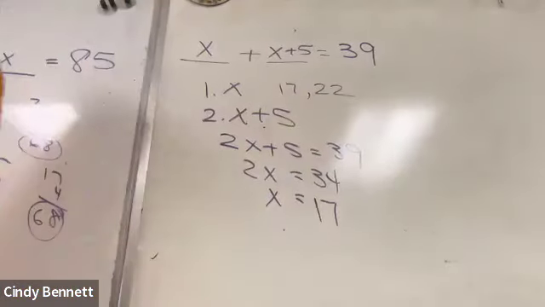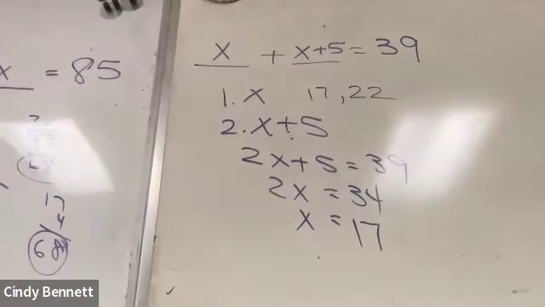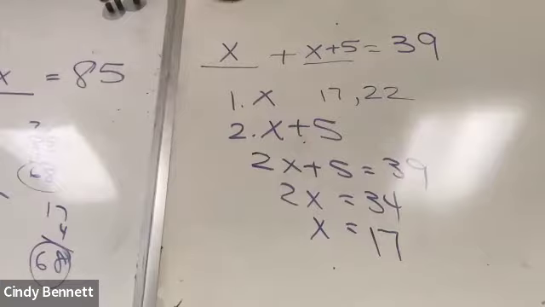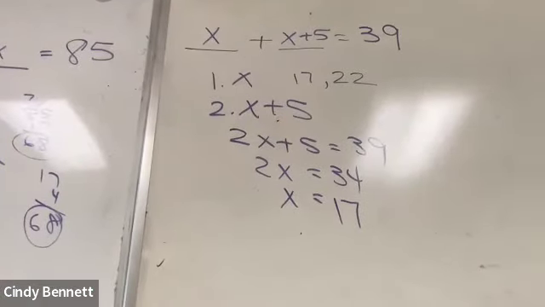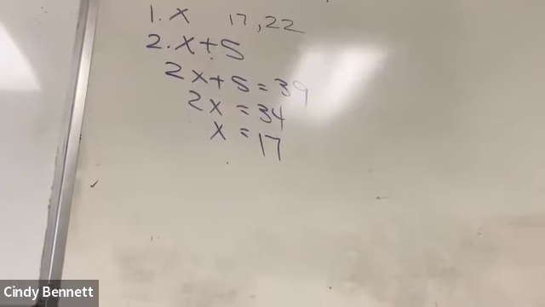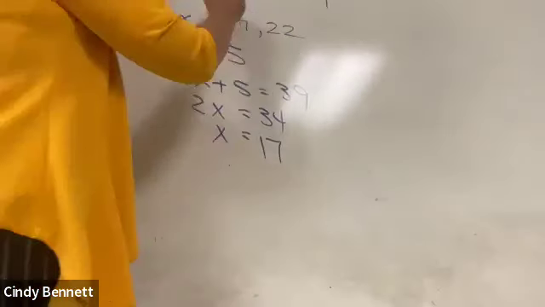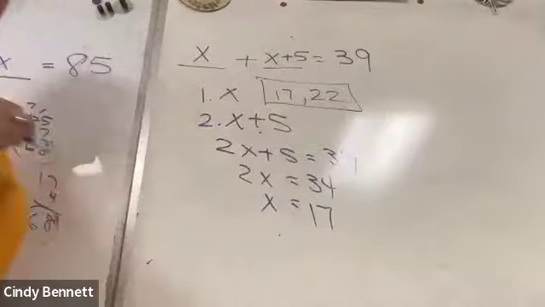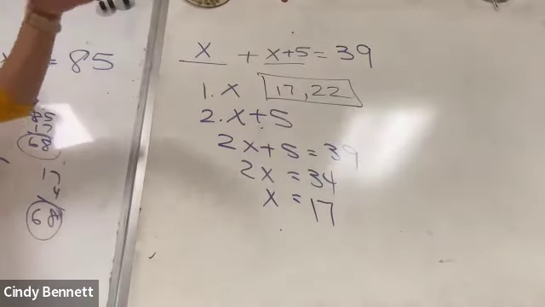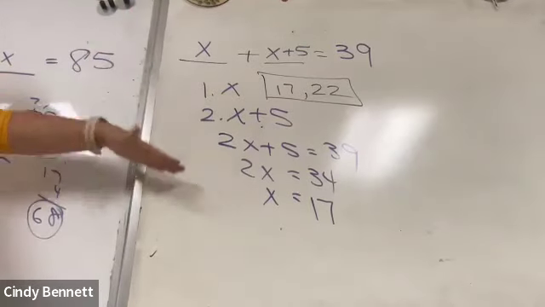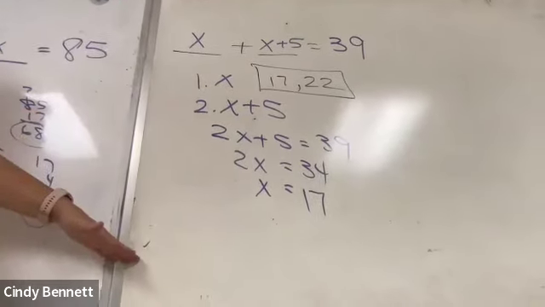All right, now look at the question. Number 3, it says, what are the numbers? So 22 and 17 is correct. Okay, so that's what it should look like on your paper. Brody, you're not going to just put one line for each answer.